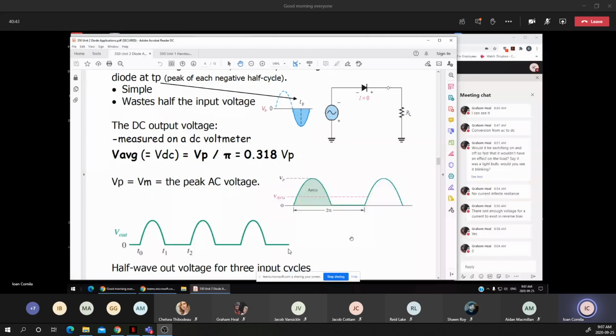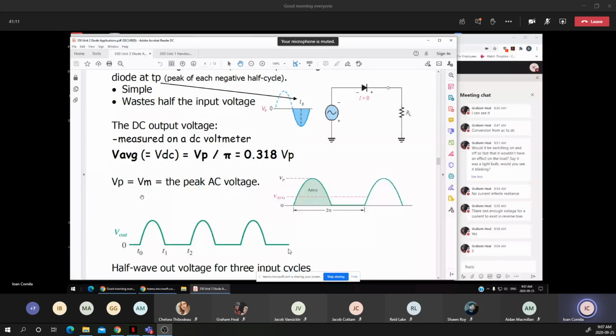When we have a full sine wave, both areas are spread, making the 0.637 VP. That's why you have just half of that initial factor, 0.318, for a half-wave rectifier.